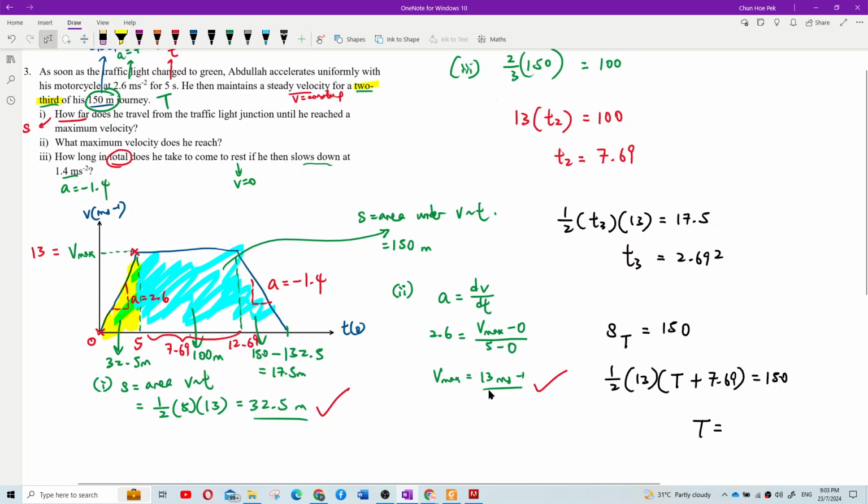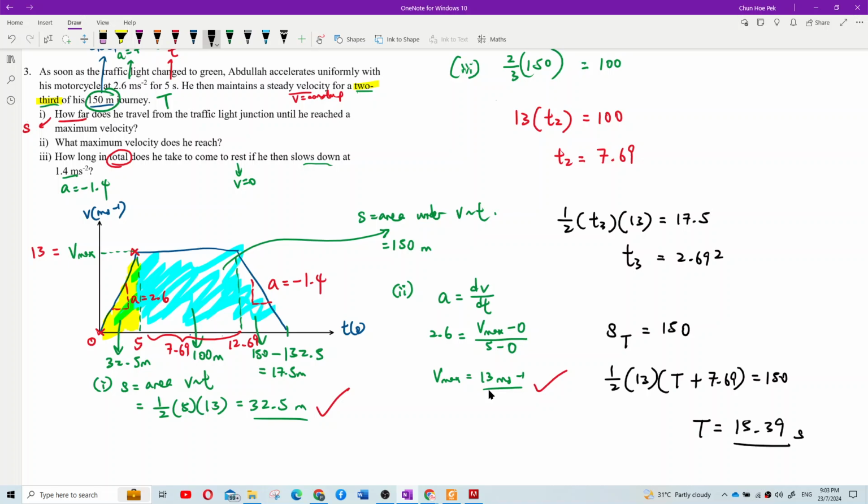So what do you get, class? So 150 divided by 13 times 2, divided by 13 times 2, okay, and then minus the 7.69, get 15.39 seconds.